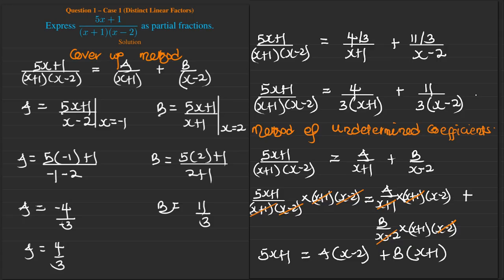We would solve another example where we would use both methods, and our advice, as I said earlier, is to try as much as possible to understand both methods, as it will be necessary as we move to the other cases. Cover up method alone cannot solve all coefficients. Hence, you need to also master the method of undetermined coefficients.